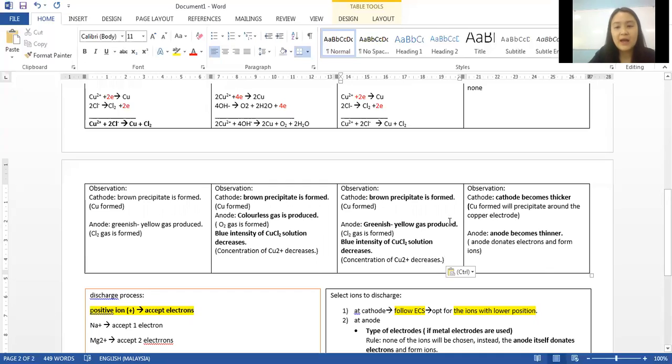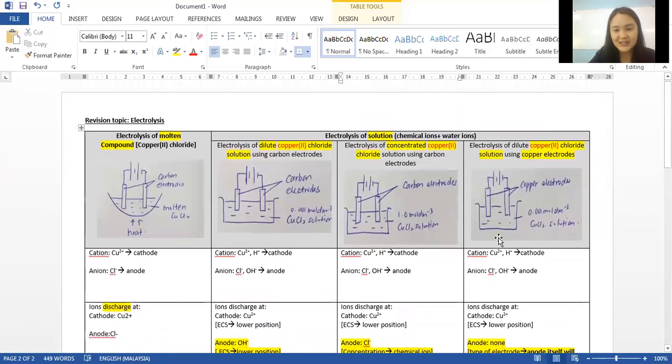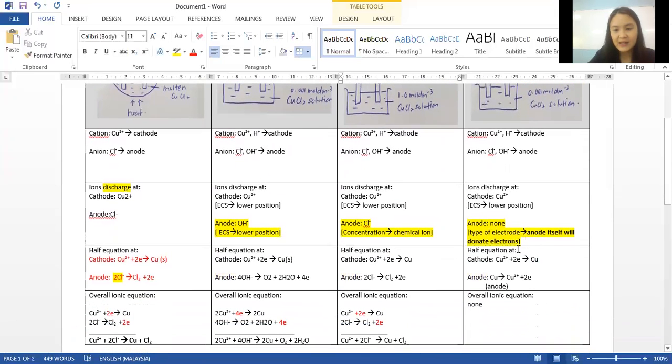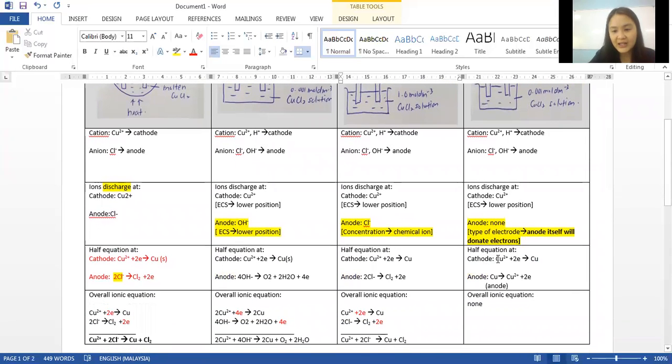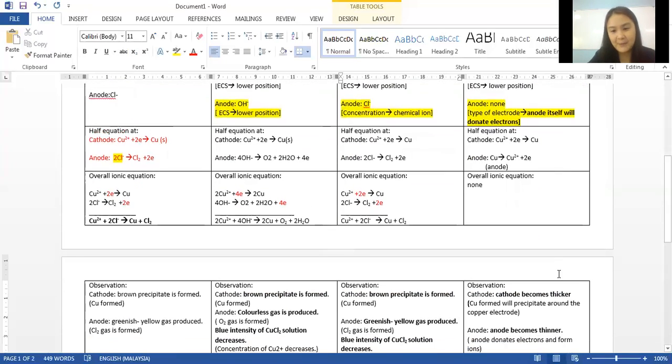All right. Now, how about the last one? Yes, my solution is blue at the beginning due to Cu2+. At my half equation at cathode, I realized that I'm using up my Cu2+, I'm discharging. But at anode, hey, I produced the Cu2+ back. So with one hand you're using it and with one hand you're producing it. So at the end of the day, there will be no changes in the blue intensity.